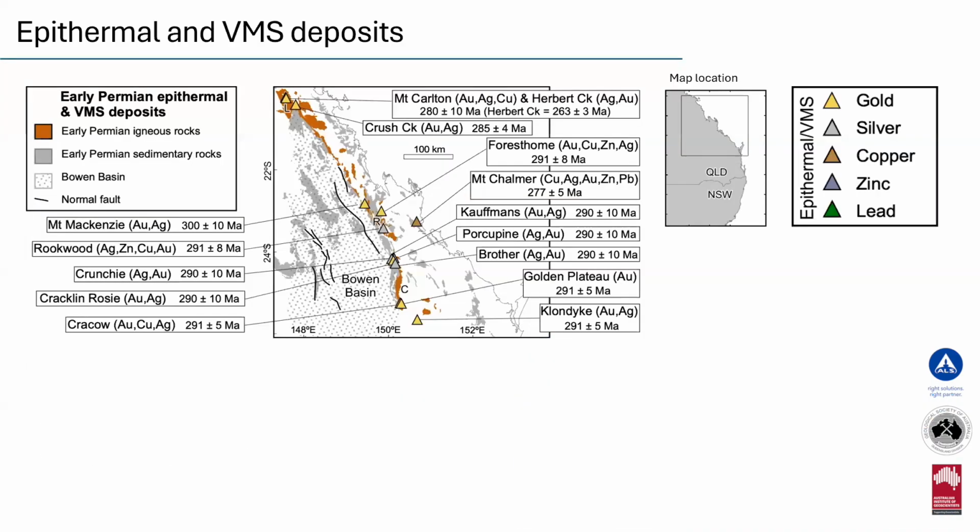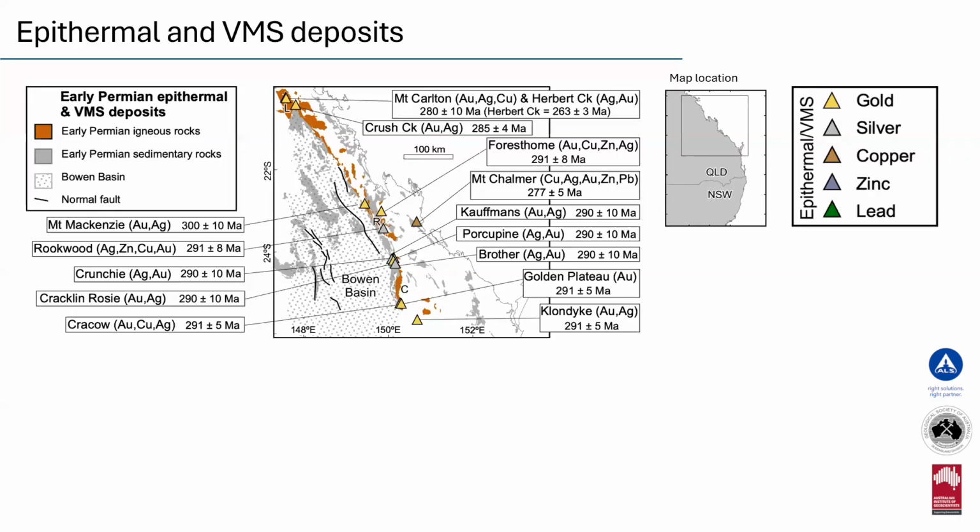Looking at the younger deposits, this is really when a lot of mineralization is happening in terms of epithermal deposits. Really the bulk of epithermal deposits in the New England Orogen occurs in the early Permian.